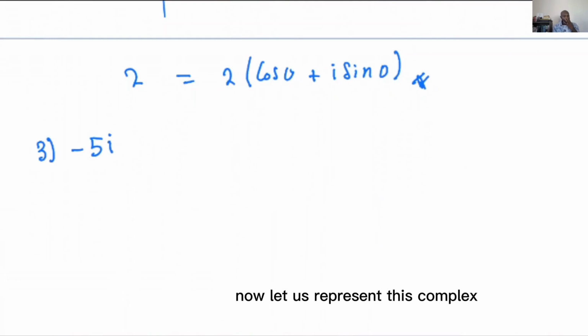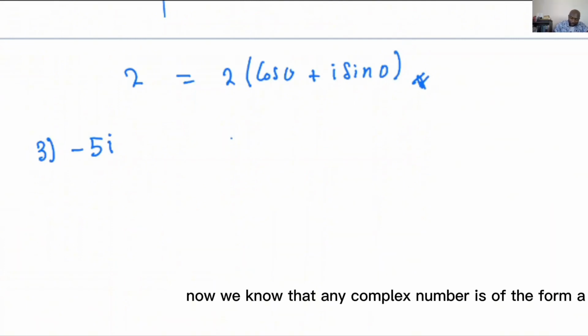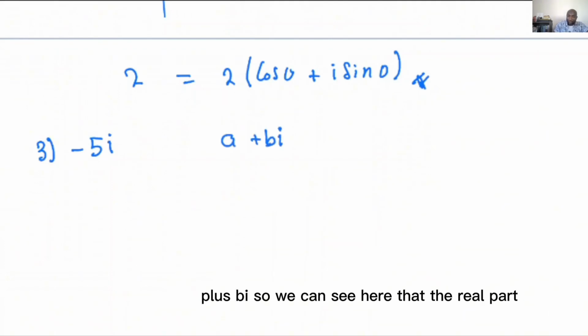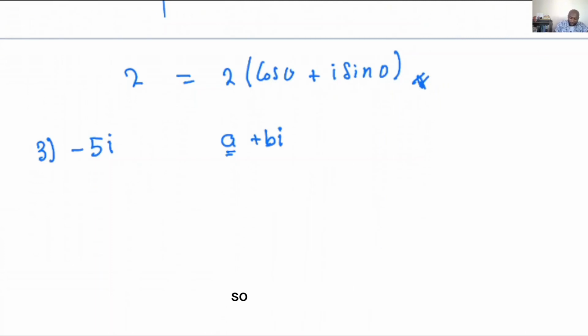Now let us represent this complex number, which is basically an imaginary number, in polar form. Now we know that any complex number is of the form a plus bi. So you can see here that the real part is 0. So we could also rewrite this for convenience sake as 0 minus 5i.